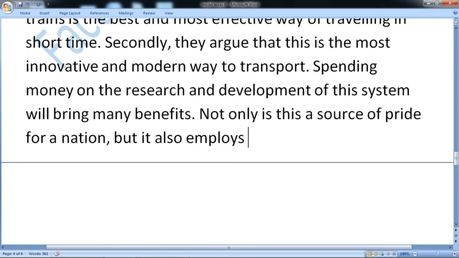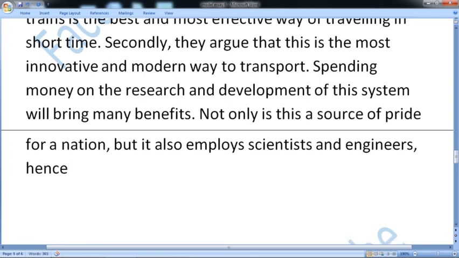It also employs scientists and engineers and creates jobs for them.